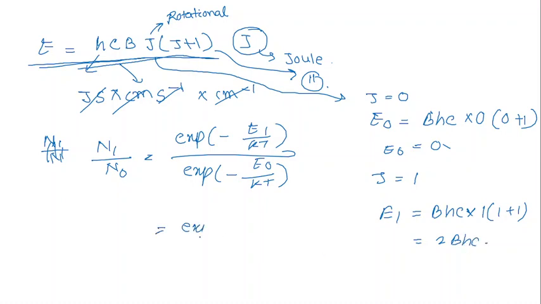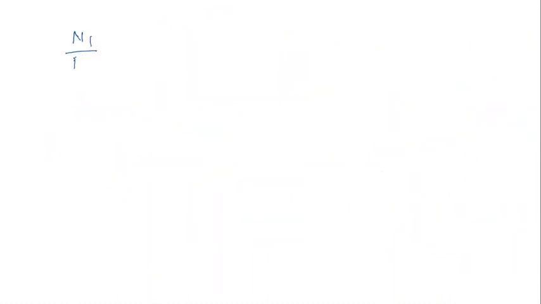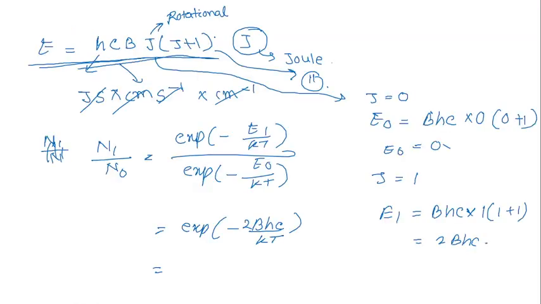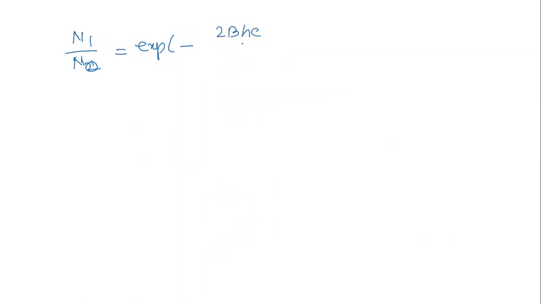Minus E1, this one will be 0, so exponential 0 means 1. Then E1 means 2BHC by kT. Now, N1 by N0, what is the value? Exponential of minus 2BHC by kT.